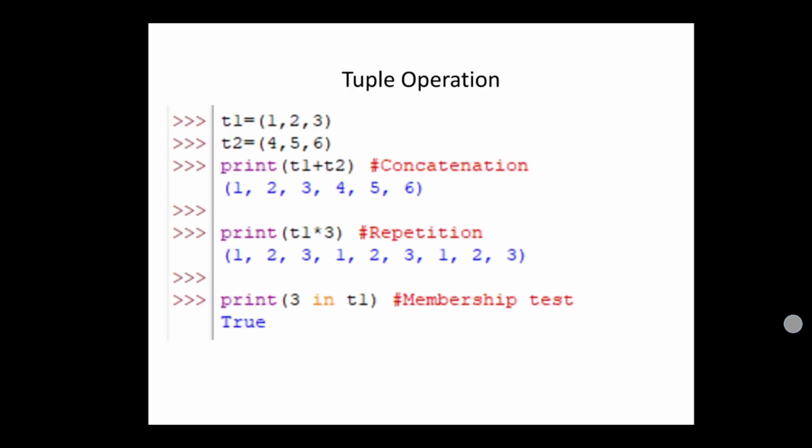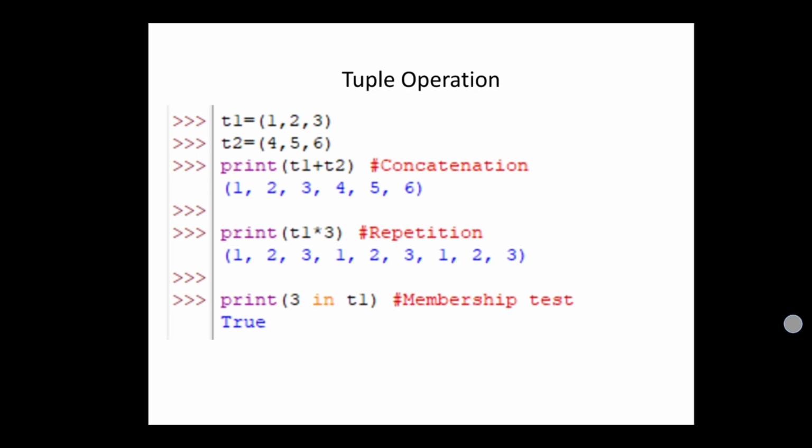Now tuple operation, t1 equal to 1, 2, 3, t2 equal to 4, 5, 6. Now if you write print t1 plus t2, that is concatenation, we will get 1, 2, 3, after that 4, 5, 6. Now repetition operation is also possible in tuple.